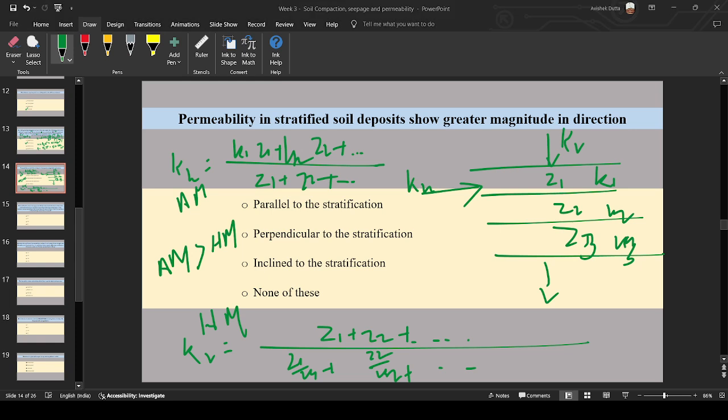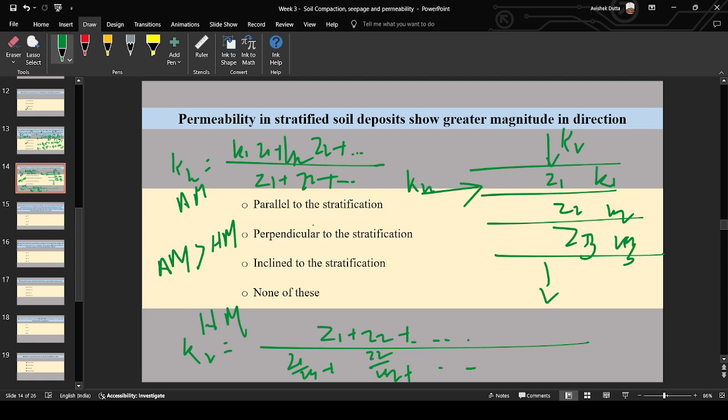Perpendicular? No, perpendicular is KV. Wait. Perpendicular to stratification, yes, it is KV. Okay. KH is parallel and KV is perpendicular. So KH is parallel to stratification, and this is the perpendicular one.